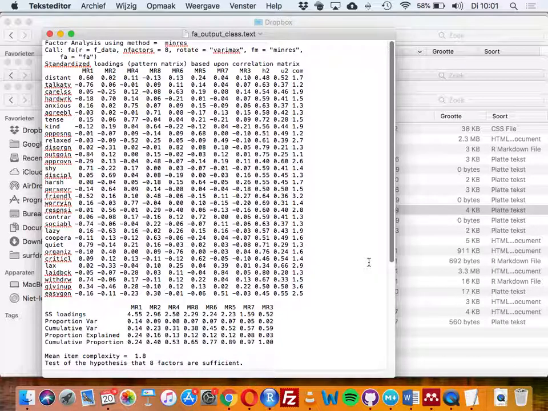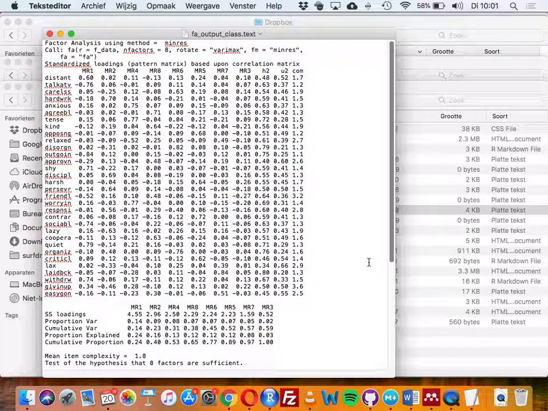So the first factor explains around 14%, and then we get another 9, another 8, another 7, another 7, another 7. And so this one is just summing it, like cumulative 14, 23, 31. Proportion of variance explained if you take all the factors to add up to 1. So that's just rescaling it to 1.